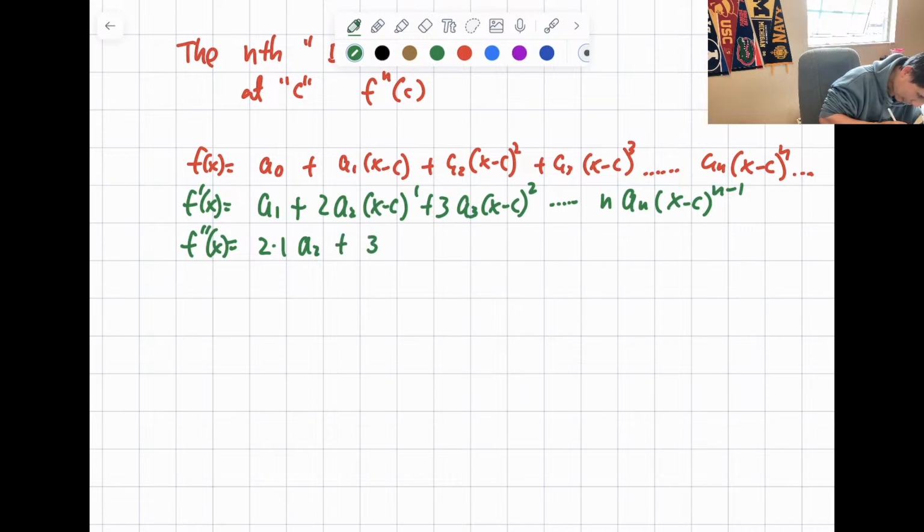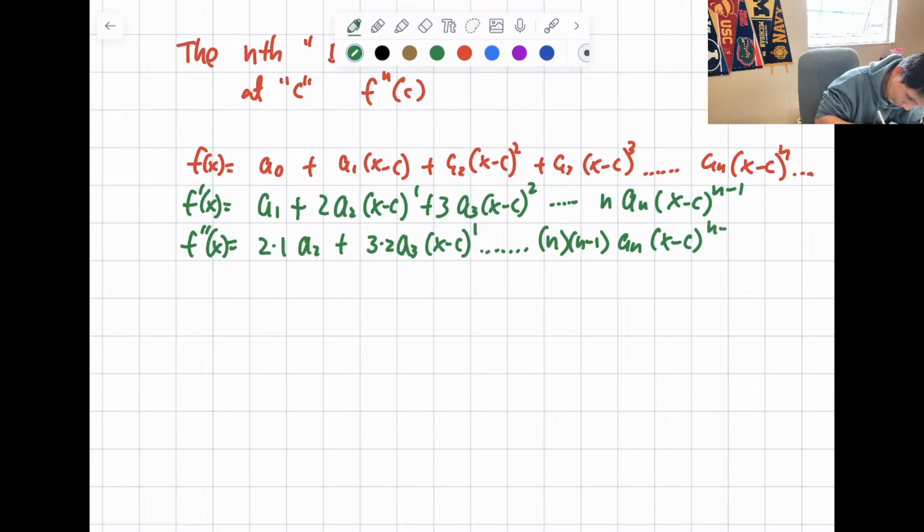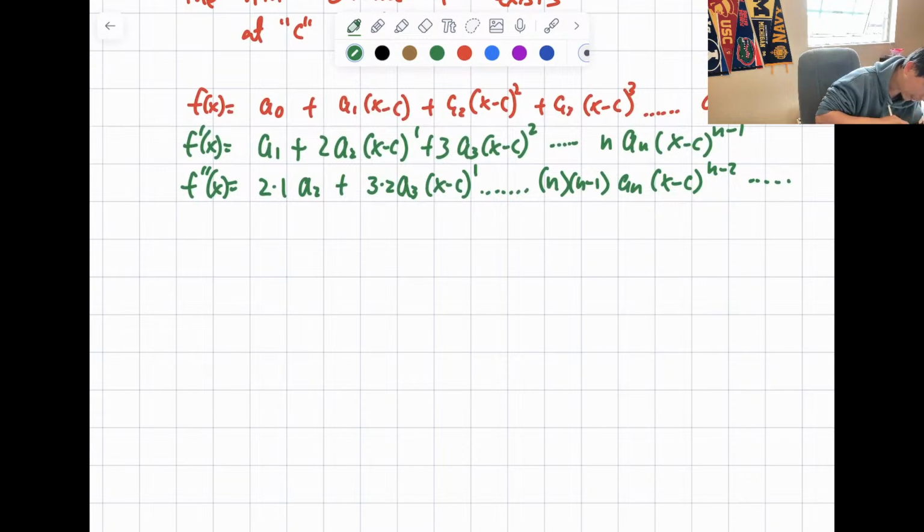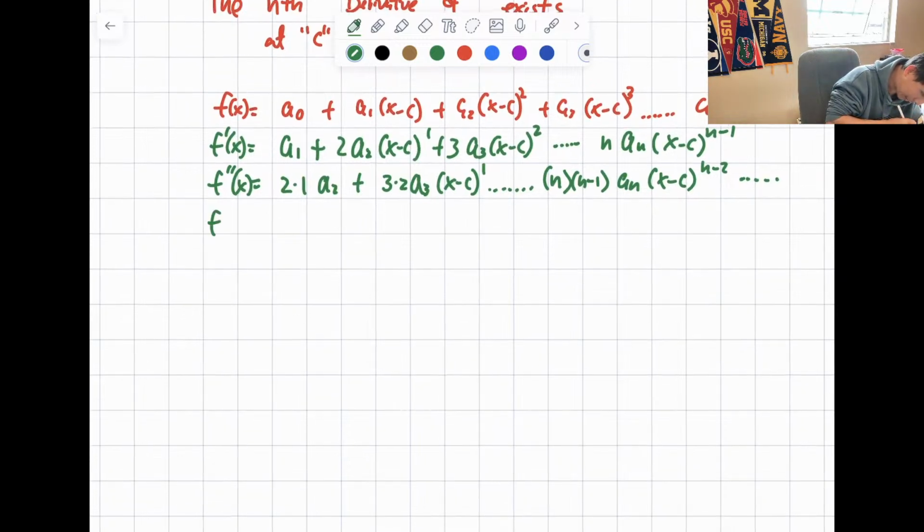Plus 3 times 2 times a3 times (x minus c) to the 1. And this one is going to be n times (n minus 1) times a_n times (x minus c) to the n minus 2. So hopefully you start seeing something. Meanwhile, we're going to take it to the third derivative and then to the nth derivative.